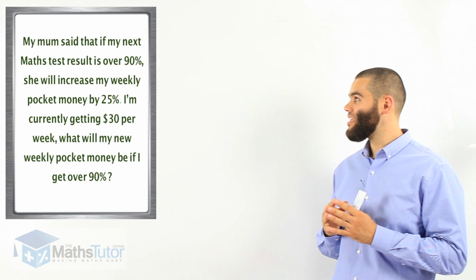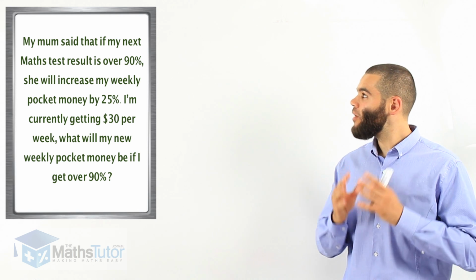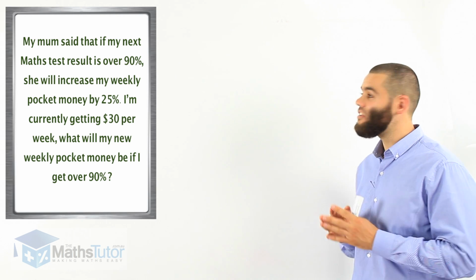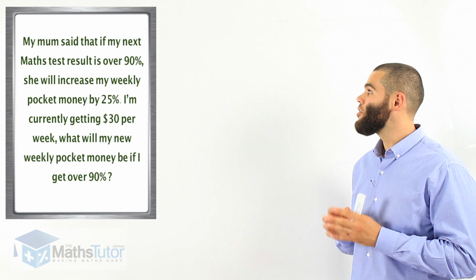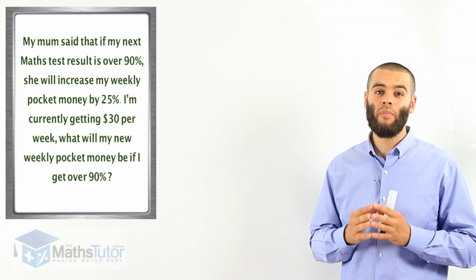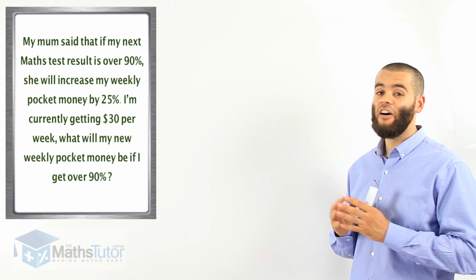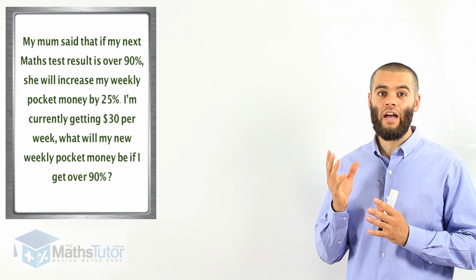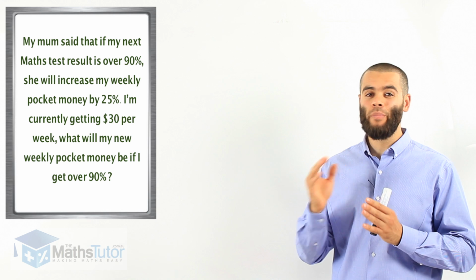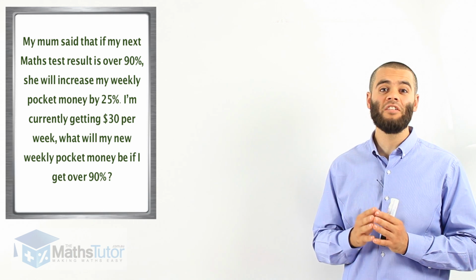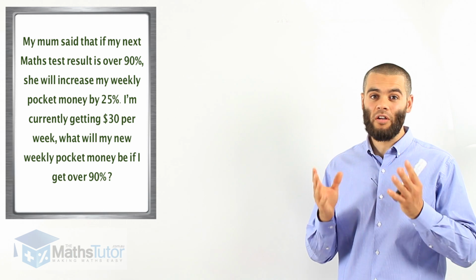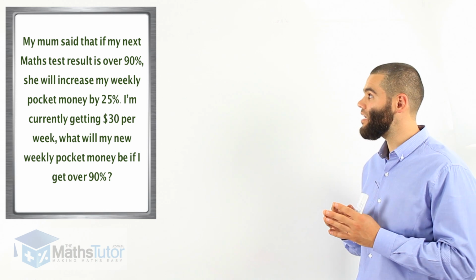The example we have says, my mum said that if my next maths test result is over 90%, she will increase my weekly pocket money by 25%. So if I have a maths result better than 90%, she said she's going to increase my pocket money by 25%.